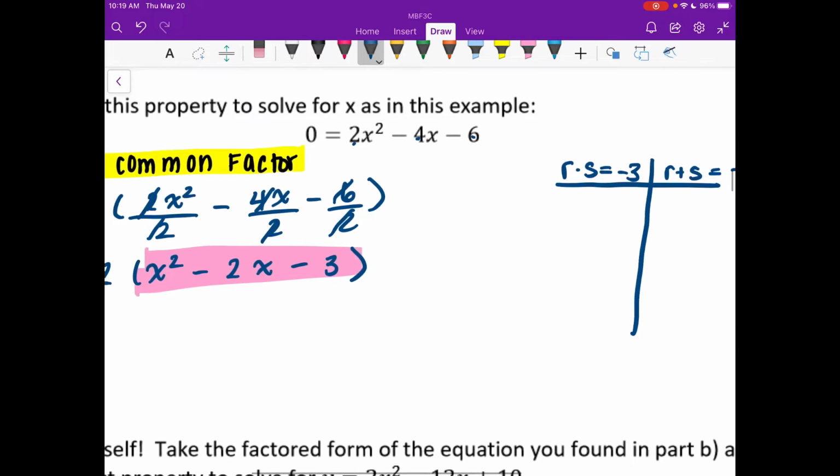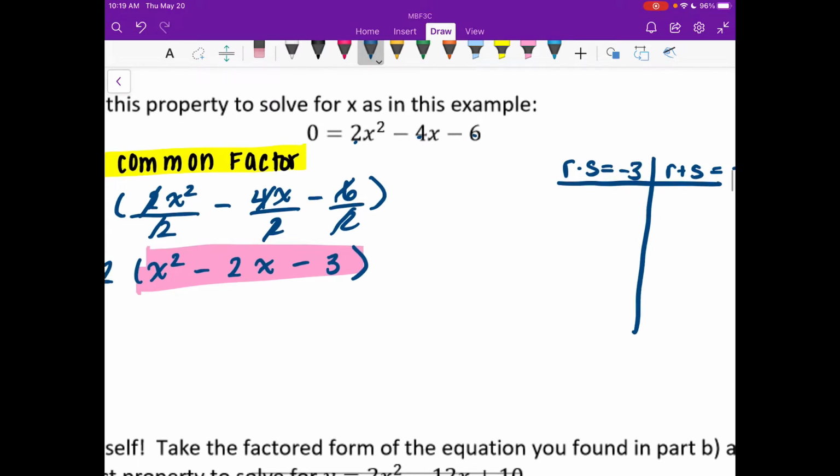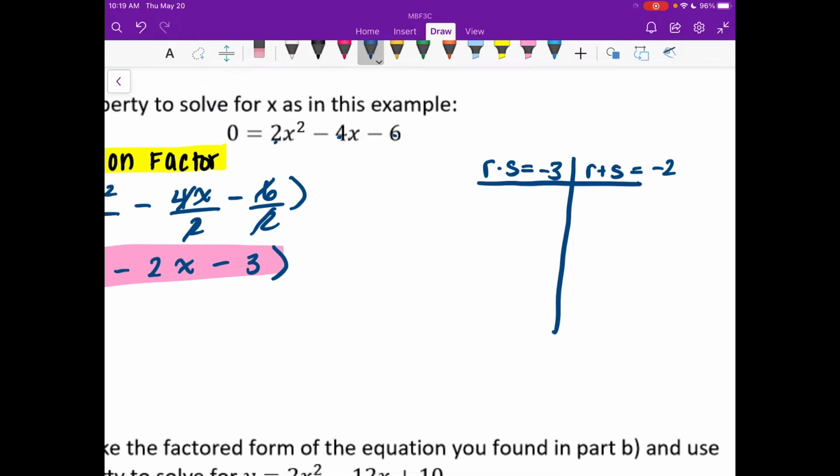So let's do the math. I have negative 3 and negative 2. If I have a negative product, I know that I'm going to have one negative and one positive number. Negative 1 times 3 could be an option, or 1 times negative 3 could be an option. 1 plus 3 is going to give me positive 2, so I know that's not it.